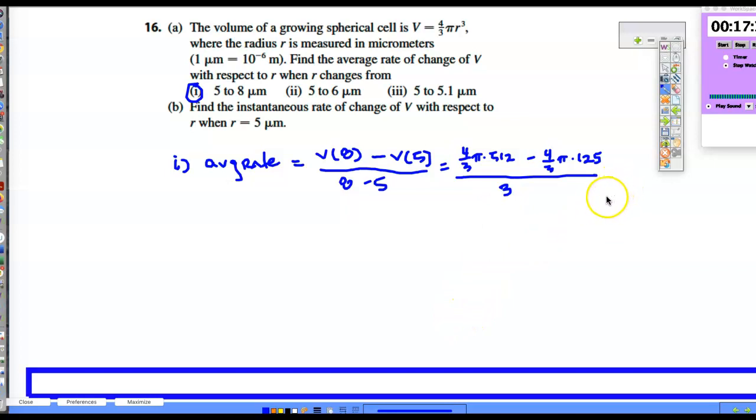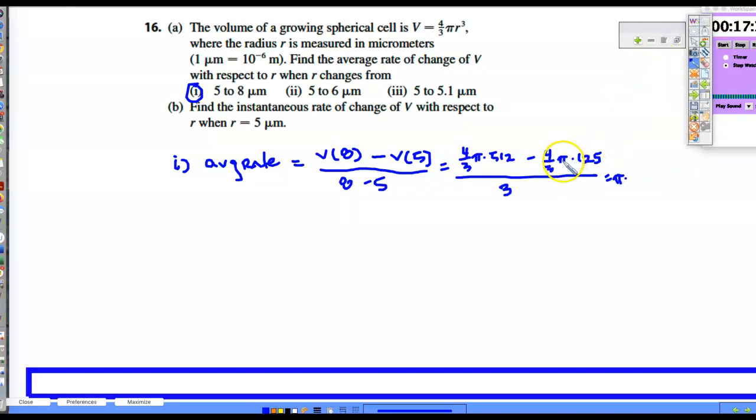When you do this calculation, we're going to factor out the pi. And then in this particular case, you should get something of 172. Practice with the calculation because that's important, right? And if you're not getting these values, then something is going incorrectly.